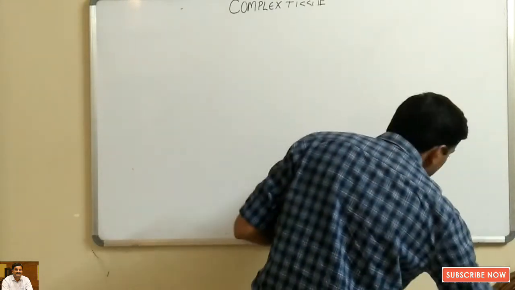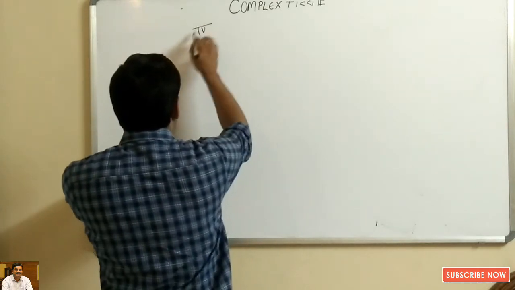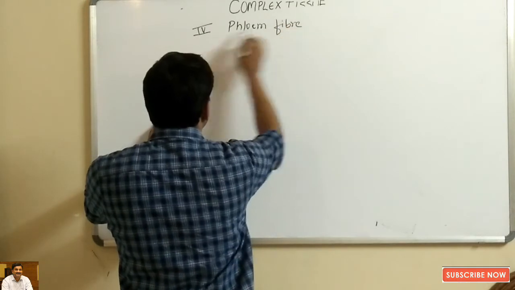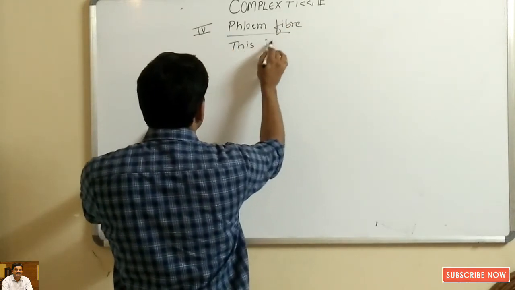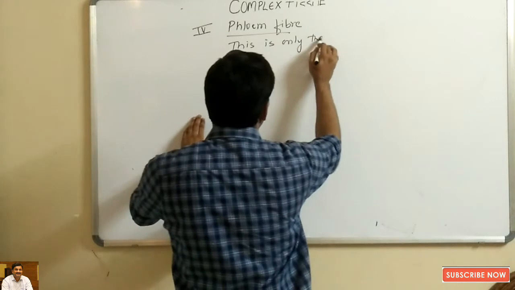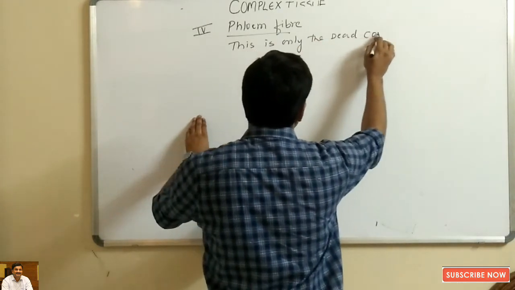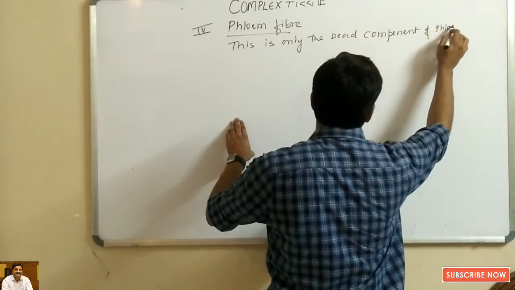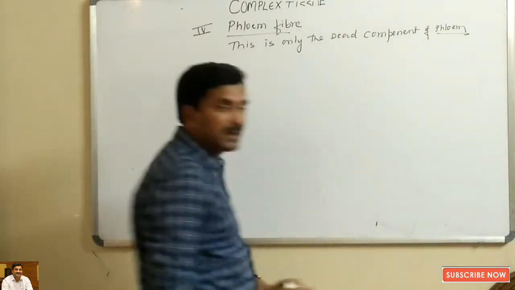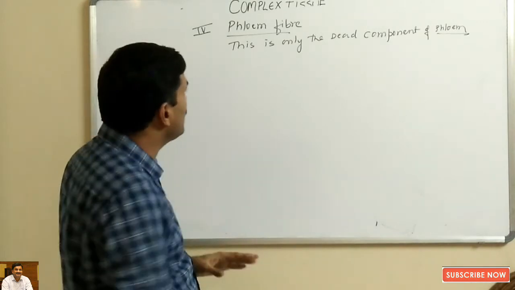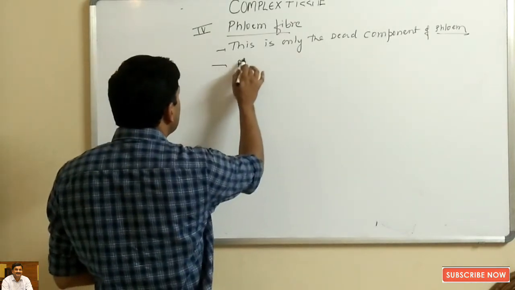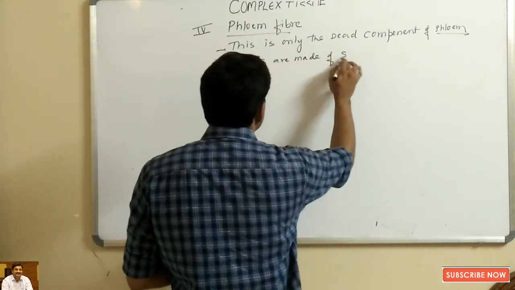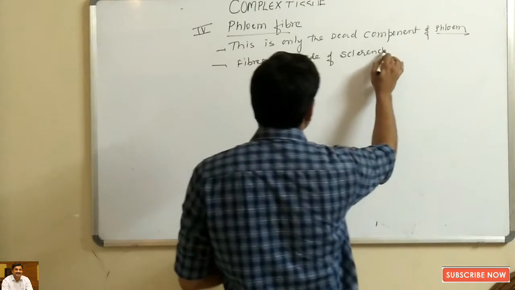Coming to the last component of the phloem, and that is known as the phloem fiber. Now this is the only dead component of phloem. The other three components we have studied were living, but this is the only dead component of the phloem, and these fibers are made of sclerenchyma.